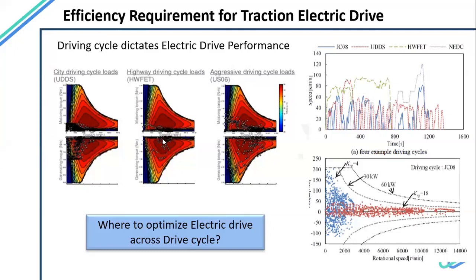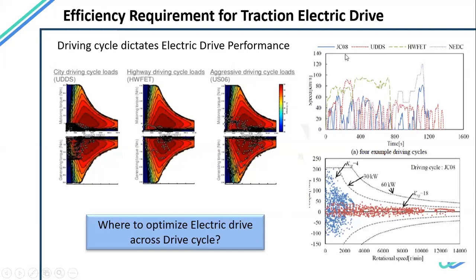You can see the efficiency requirement varies, and the dots you see here are the operating points, which will be different on this torque speed curve.